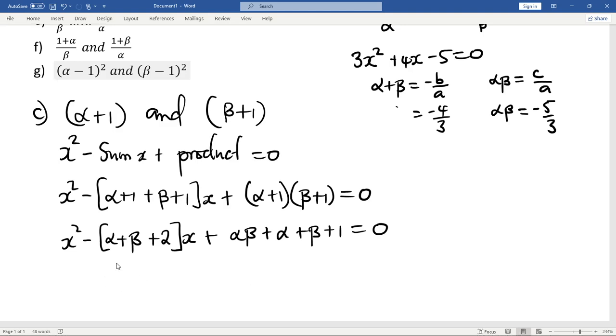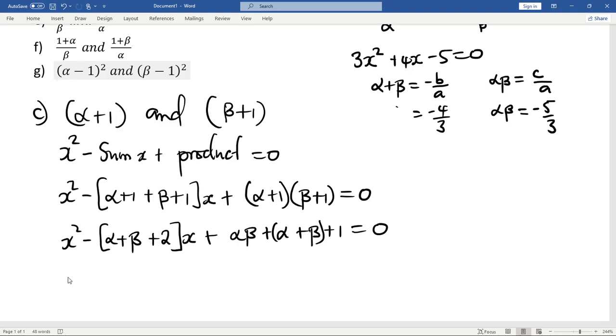Now, you'll notice that we have the value of alpha plus beta here, and also we have alpha plus beta here. So that means where there are these two here, alpha plus beta and alpha plus beta, we substitute with the values that we have there. Then where there's alpha beta, we substitute with that value there.